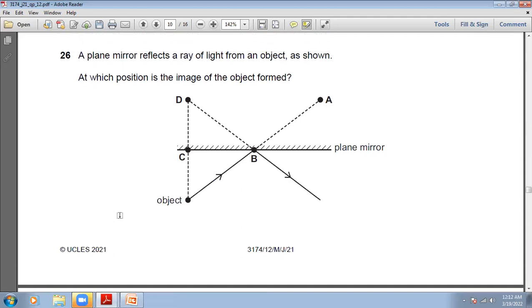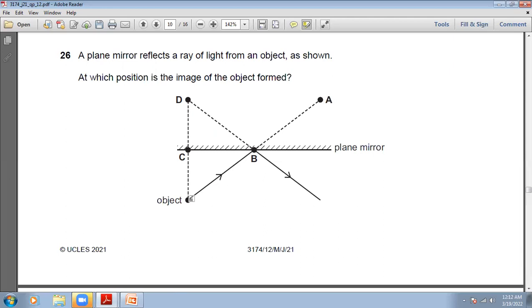The plane mirror reflects a ray of light from an object as shown. At which position is the image of the object formed? Here is the object, here is the observer. We take one light ray which goes straight to the mirror, and we take this line behind the mirror and prolong it.